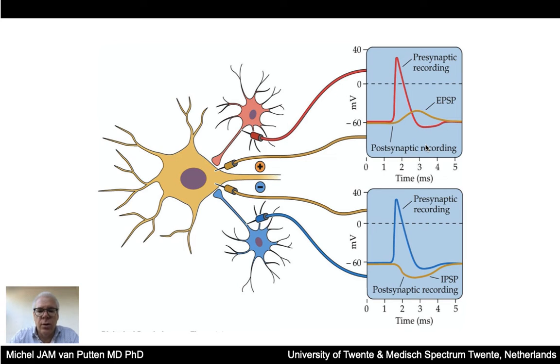So the current in the Hodgkin-Huxley equations is typically realized by the chemical synapses.